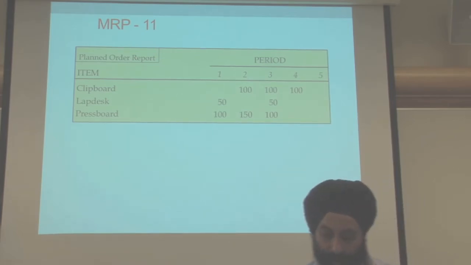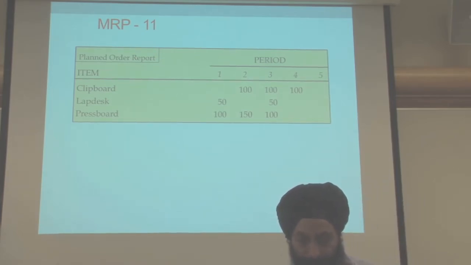So that pretty much explains how the MRP shows up and the planned order reports that will come out.